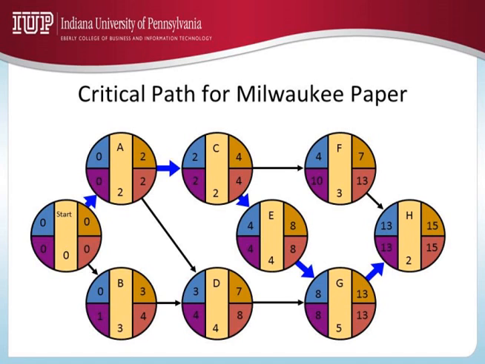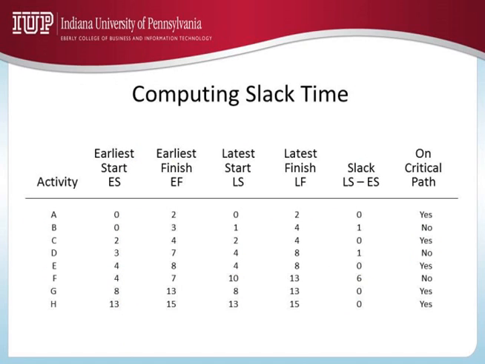So if this is clear, let me take you back to the PowerPoint. So we basically calculated all this: earliest start, earliest finish, latest start, latest finish. The slack is the activity on the critical path or not. So what I showed you on the diagram is tabulated nicely here.